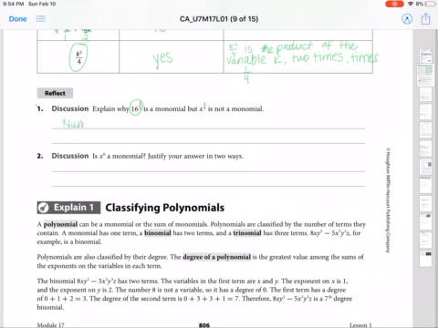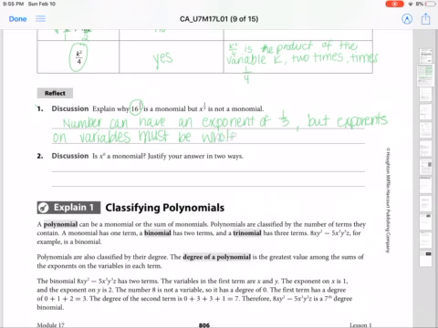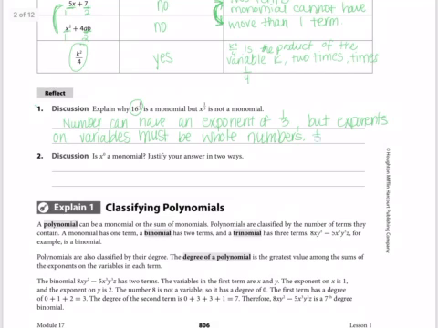So a number can have an exponent of 1/3, but exponents on variables must be whole numbers. 1/3 is a fraction.